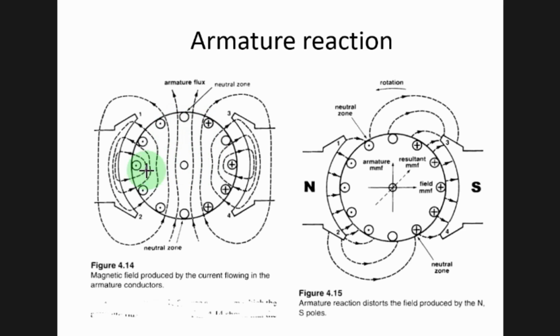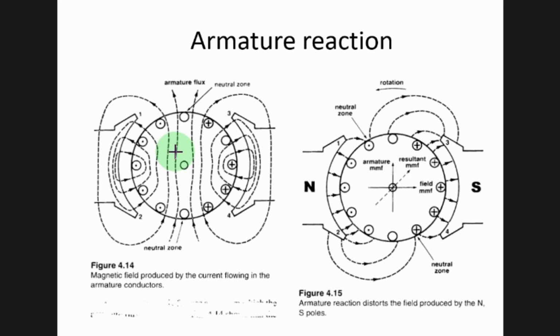This is the magnetic field produced by current flowing in the armature conductors. Normally the magnetic flux was only due to the permanent field magnets in the horizontal direction.